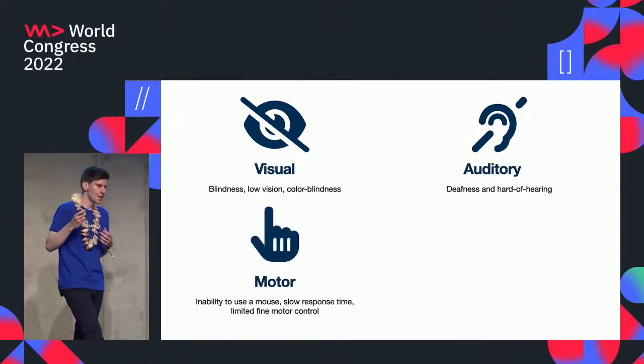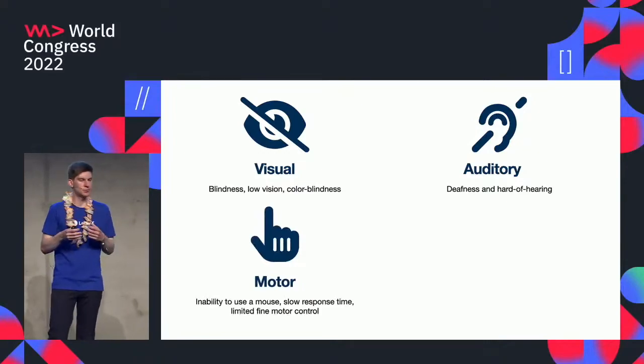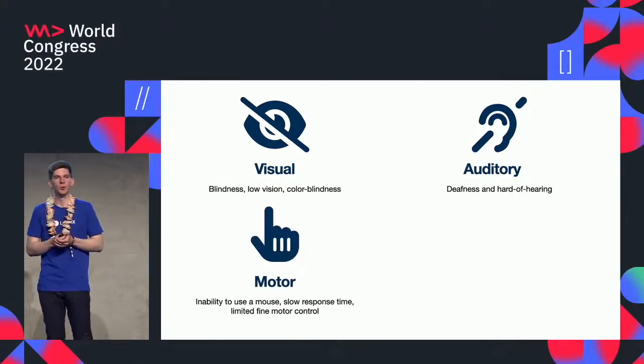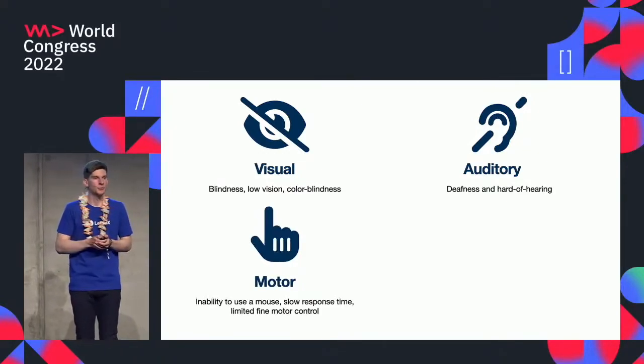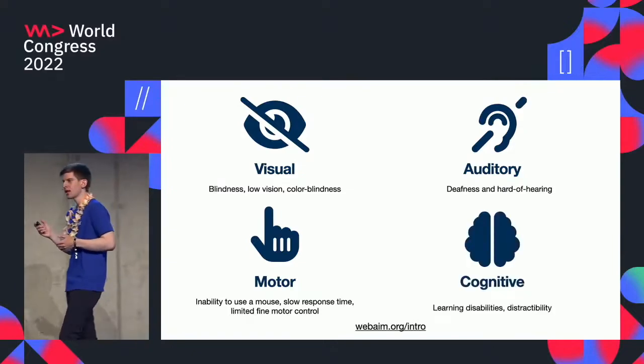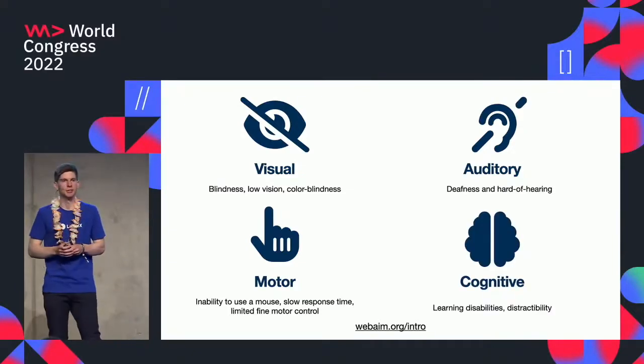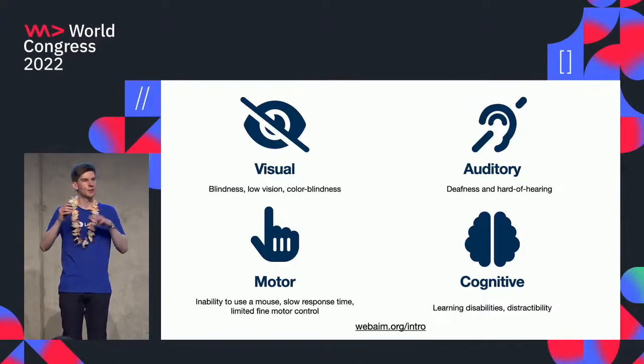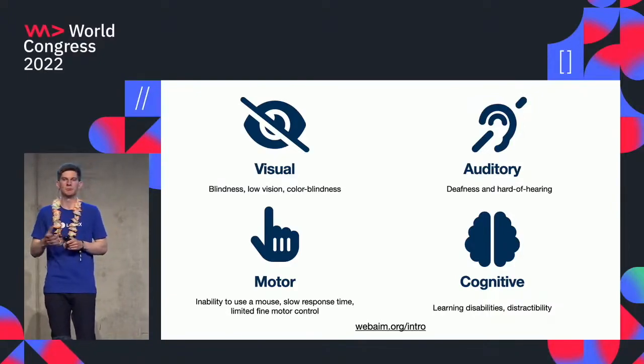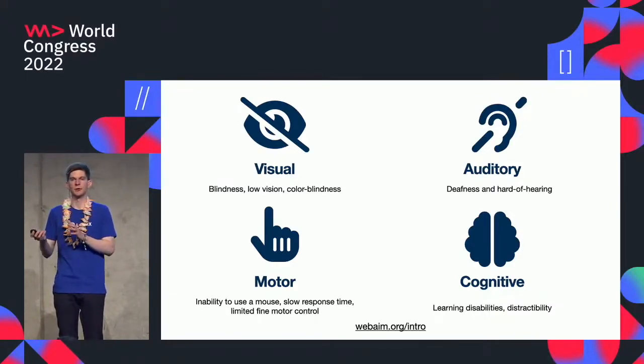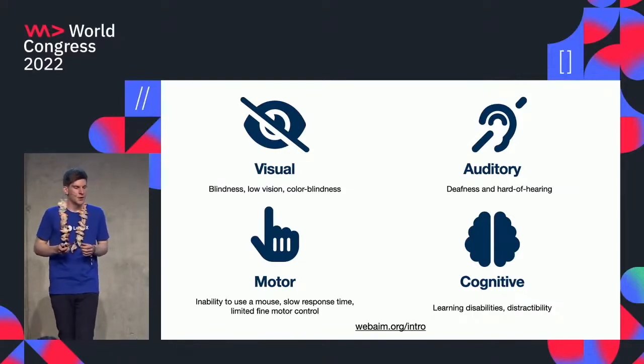There's motor disabilities, such as limited motion or not even having arms. And finally, cognitive disabilities. And there's different scenarios that apply for each category, and it's good to be aware of each of them.